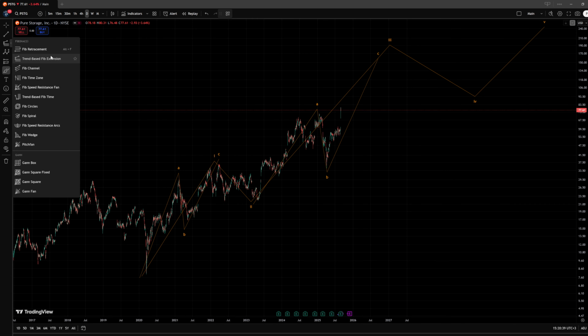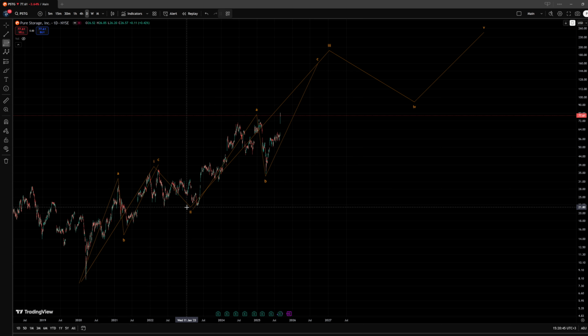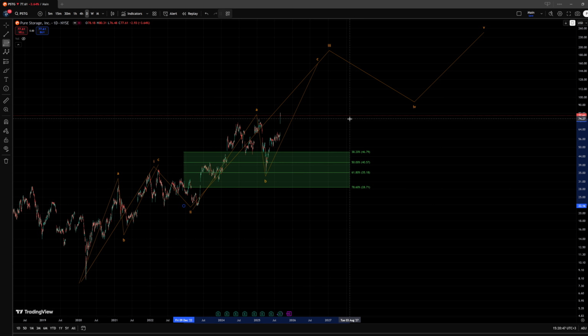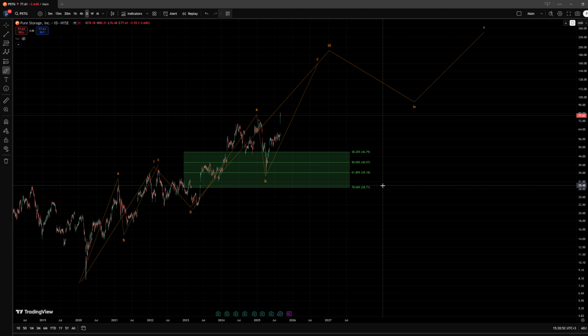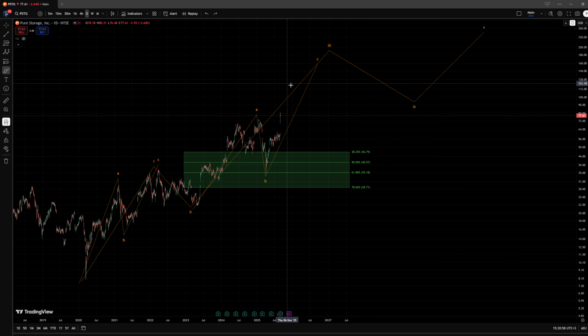I would say that we quite confidently started this C wave to the upside, although we did still have some room for a correction to go even deeper. We retraced to the 61.8% retracement and produced this large movement to the upside.